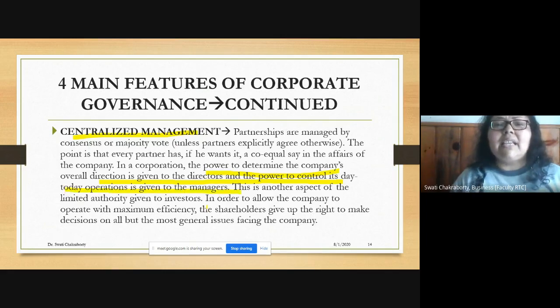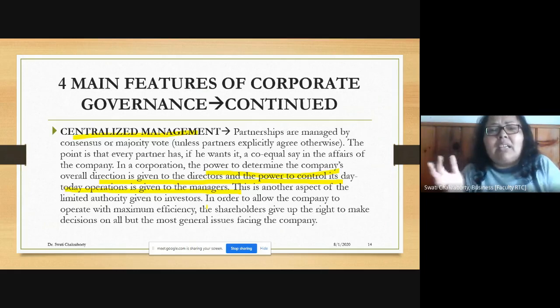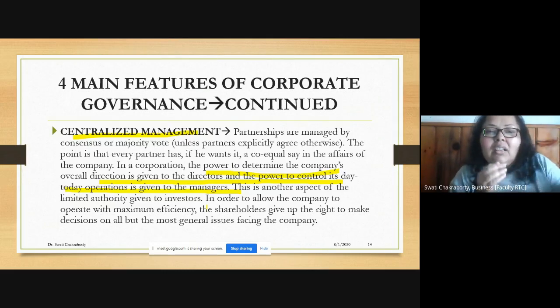In partnerships, a decision is made through consensus or majority vote, but in a corporation it is centralized. Power lies in the hands of the directors and the managers. Directors give the direction, and day-to-day operations are handled by the managers.